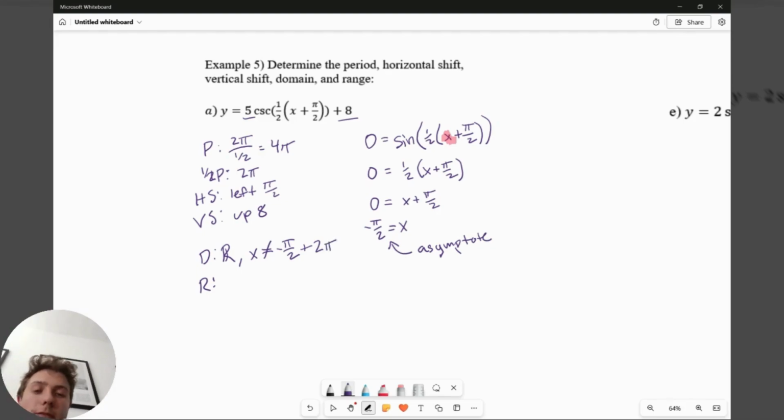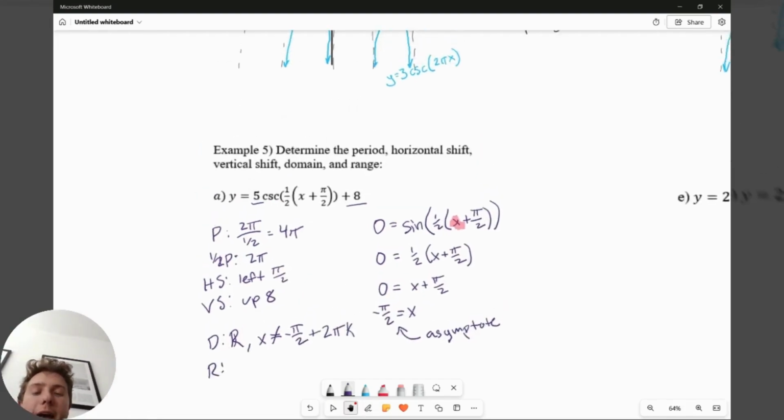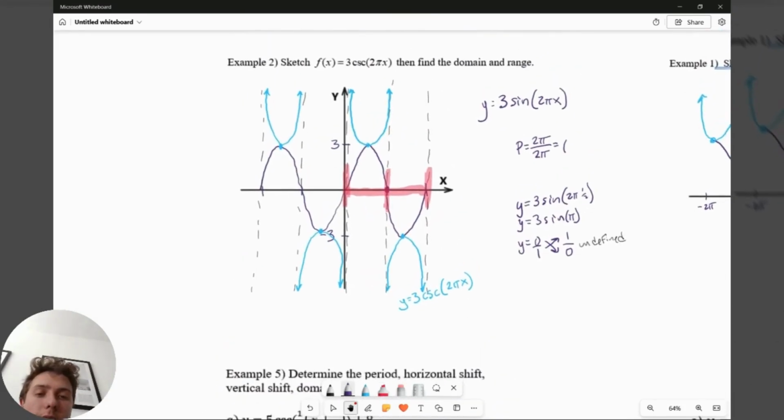In this case, with the function we are looking at, there is an asymptote at negative pi halves in every other 2 pi after that or before that. So we put the letter k where k is some integer. Now we have found the domain.